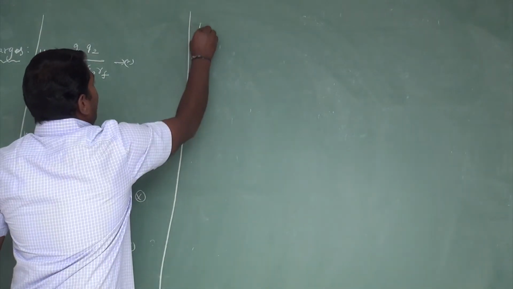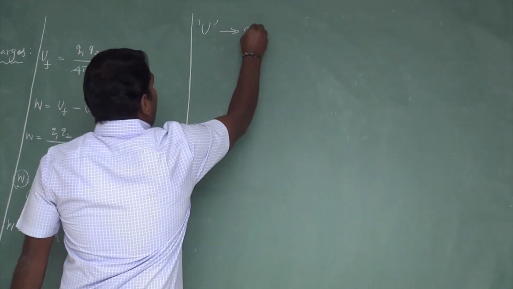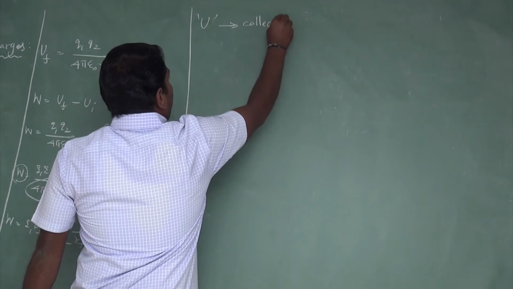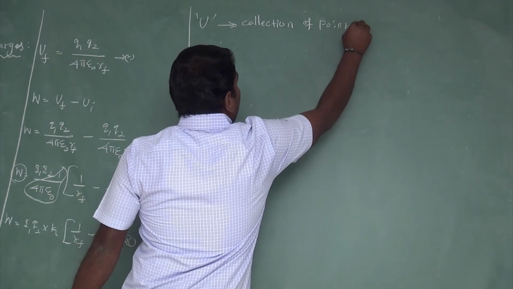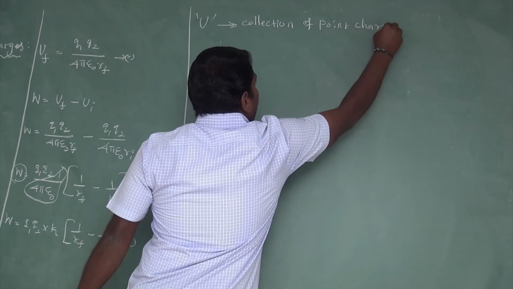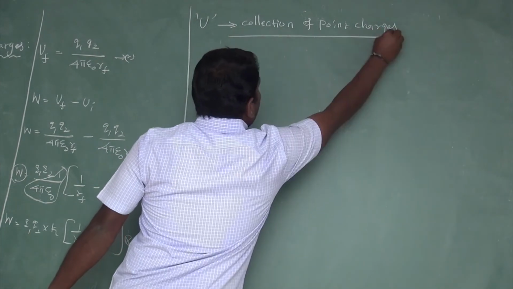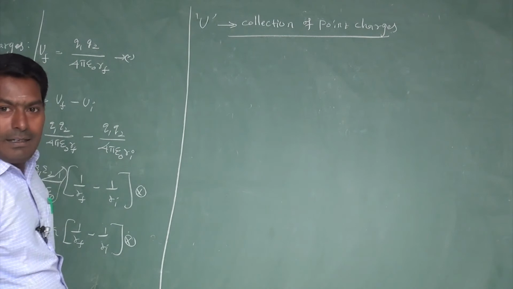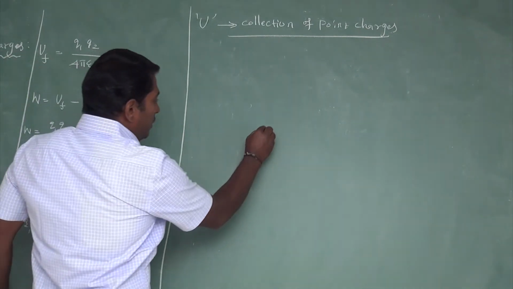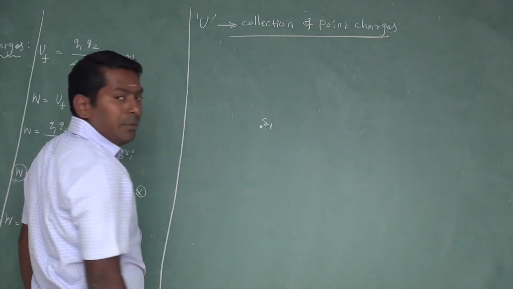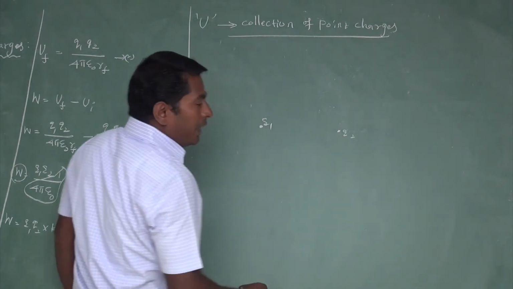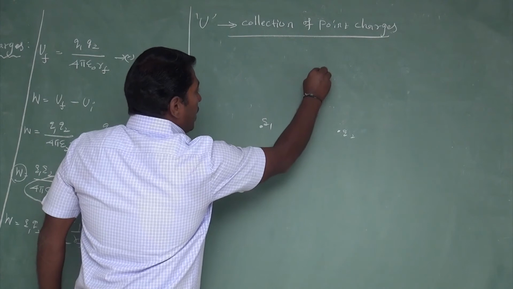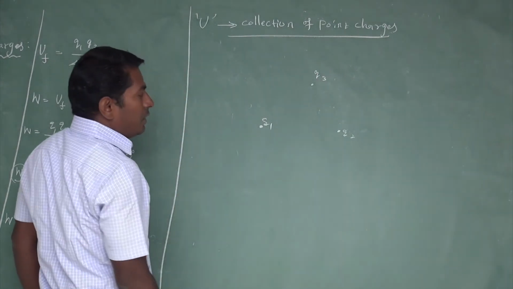So, electrostatic potential energy of a collection of point charges. Let me consider Q1 as one of the point charges, Q2 as another point charge, Q3 as another point charge.